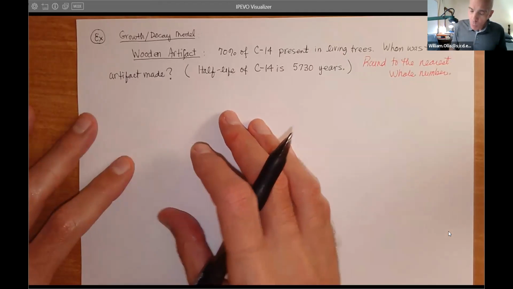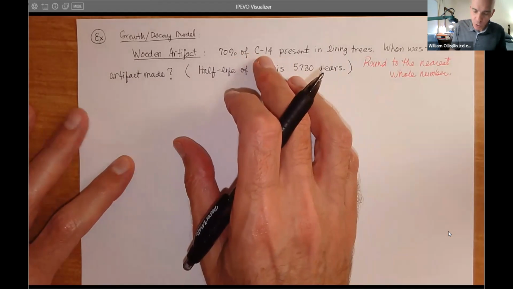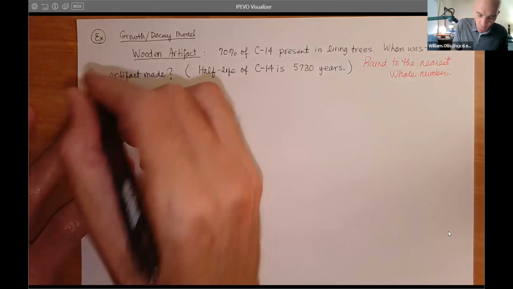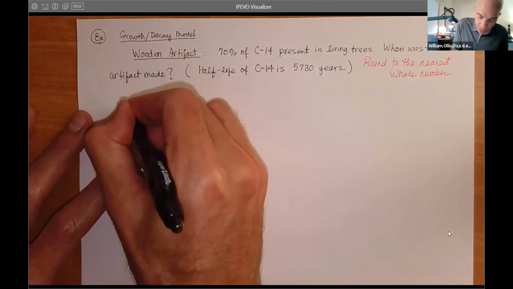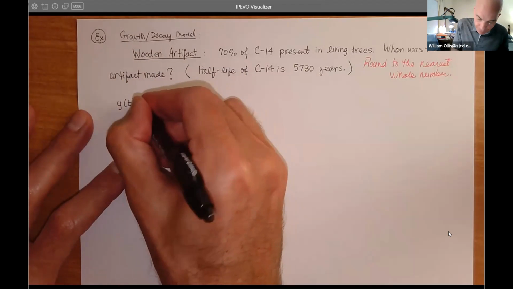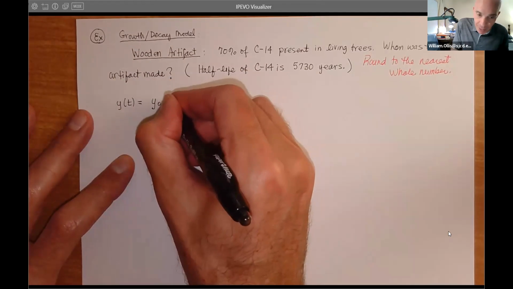So now we think of this like, okay, we have 70% of the original amount. So let's write down the actual equation. We have y of t equals, in this particular case, the original amount, e to the kt.